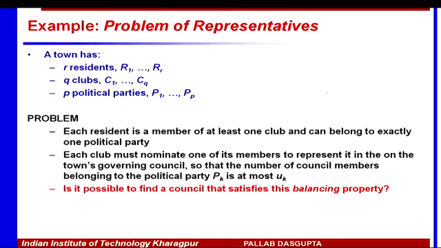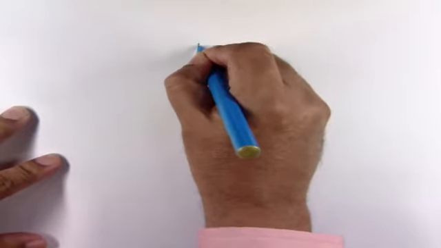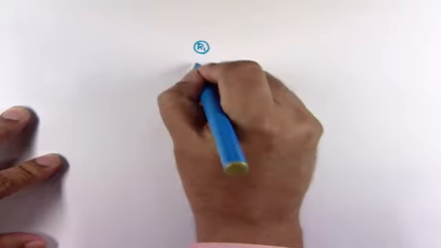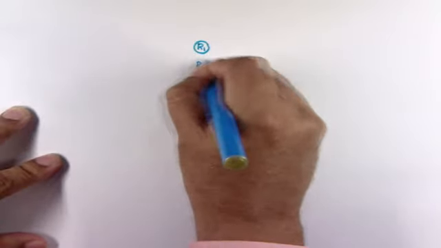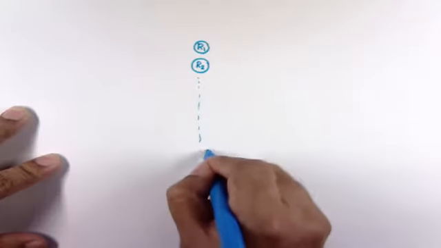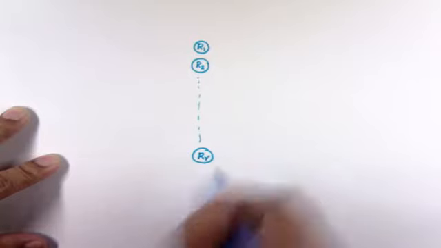So what we do is we construct a graph like this. Observe what we do. So for each of the residents, how many residents do we have? I put a node for each resident, right?